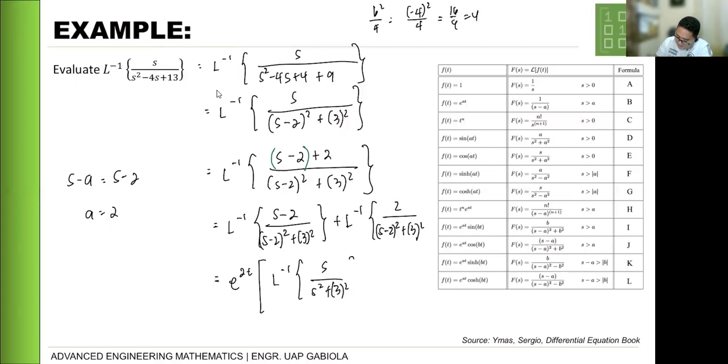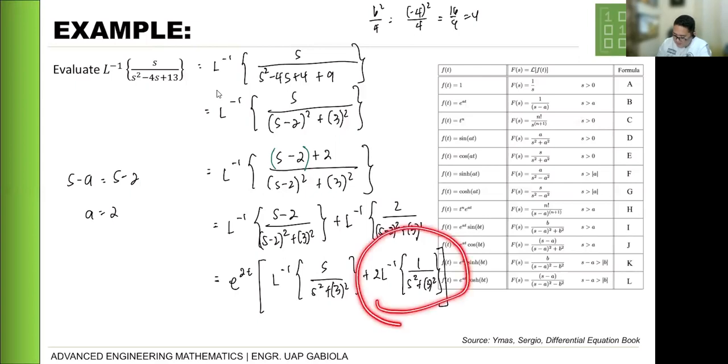Okay? Same as the other term, L negative 1, let's factor out the 2 outside. So 2 L negative 1, this is 1 over S squared plus 3 squared. Okay? So that is our equation. Now we can actually perform... not yet, no? Because for us to apply the sine again, the A should be the same as the numerator. So we need a value of 3 in our numerator. So this will be e to the 2t. The first term has no problem now.